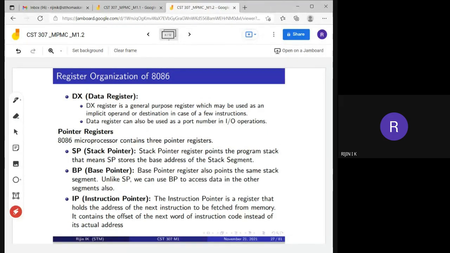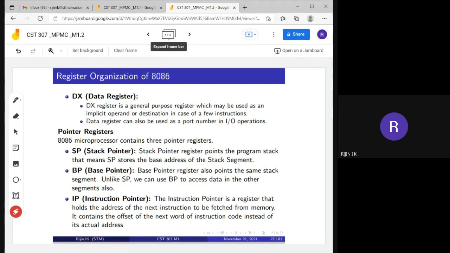After performing an arithmetic or logical operation, sometimes to store the result, we will use this DX register. It is also a 16-bit register. We will divide that into two, that is DL and DH.